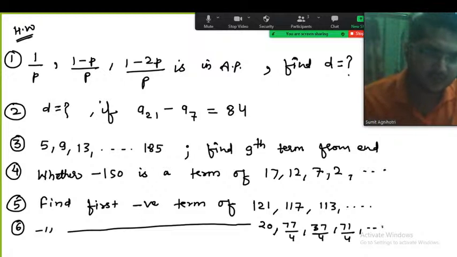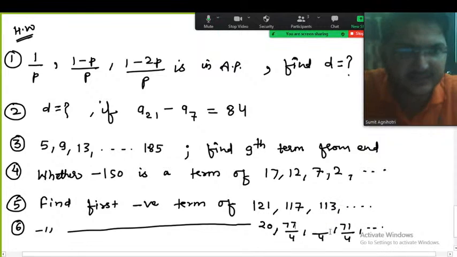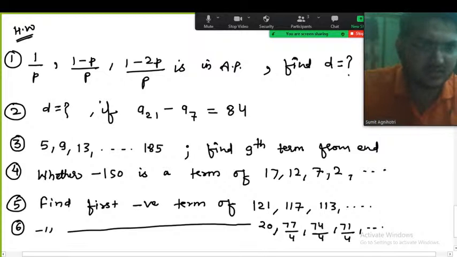For this it will be an AP, right? You subtract 77 from 80, you get minus 3. Here you need to write it as 74, then you will get minus 3 over 4.